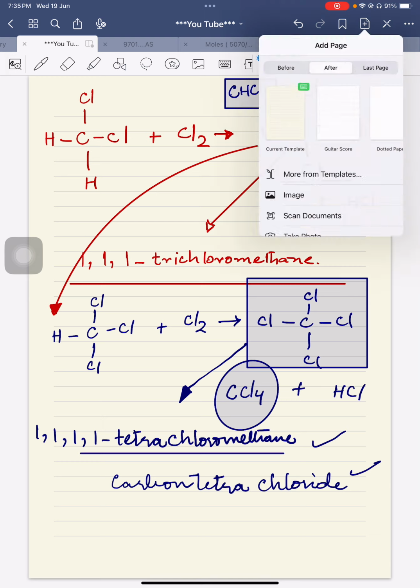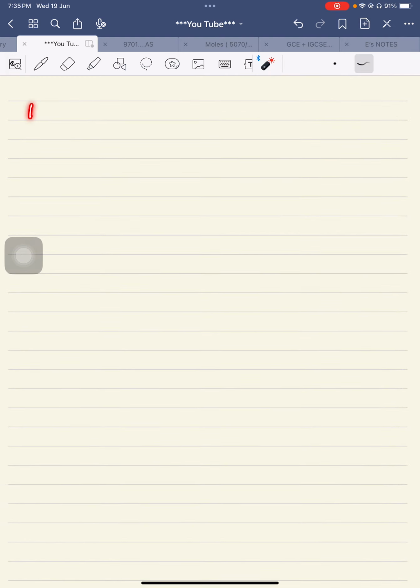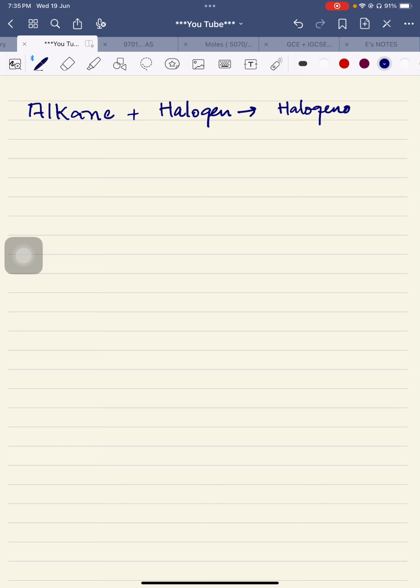Here I am telling you very clearly that an alkane is going to react with a halogen, and here I am writing the product: halogenoalkane. Along with the halogenoalkane, the other product is hydrogen halide.